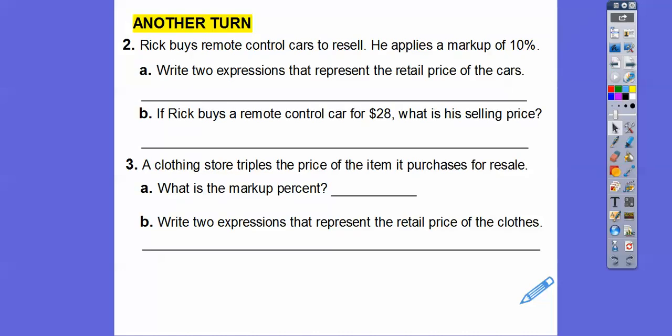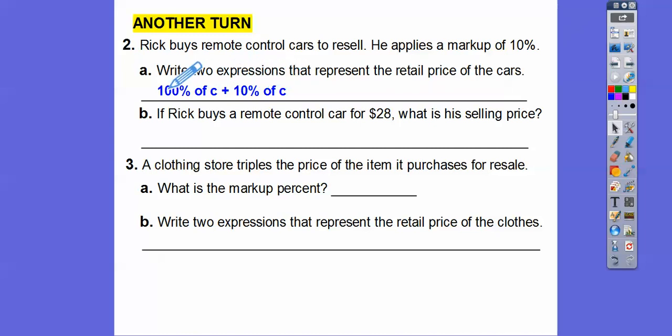Okay, all right, so Rick buys remote control cars to resell. So he applies a markup of 10%. So write two expressions that represent the retail price of the cars. Okay, so the two expressions are going to be 100% of C plus the 10% of C. So 100%, remember, of means multiply. 10% of C, so we're going to multiply.